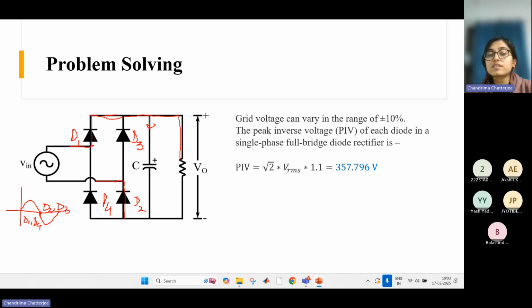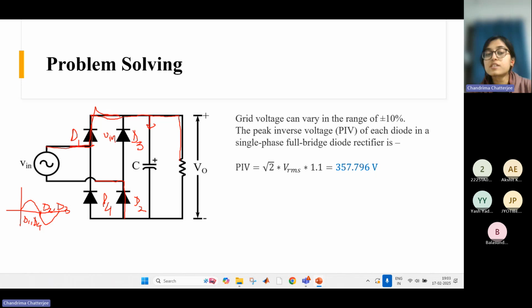This diode is blocking this voltage, because this is the source voltage. This point is connected to the anode of this diode, and this point is connected to the cathode of this diode. So what is this voltage? This is basically the source voltage, right? It is blocking the source voltage.